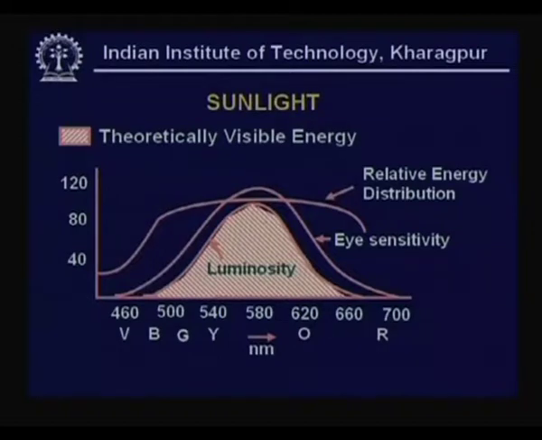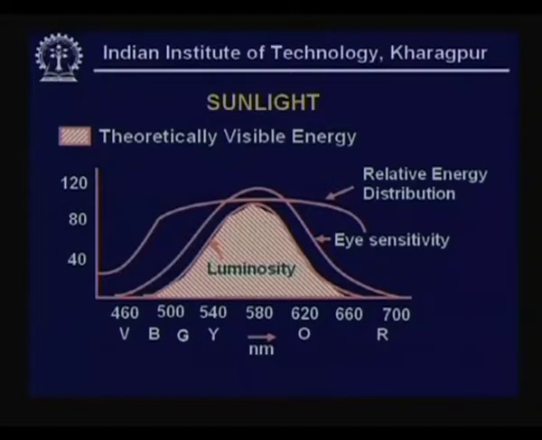In fact, there is a legend which says the hashed region corresponds to the theoretically visible energy. This is the energy visible due to sunlight to the human eye. The eye sensitivity curve tells us the response of the eye to various colored lights. So, how does one obtain the luminosity of sunlight?